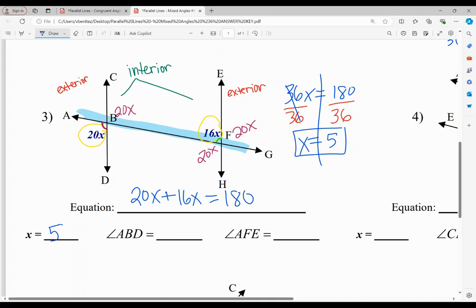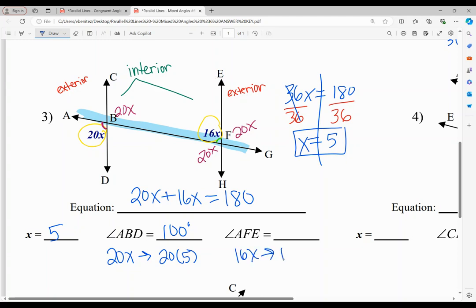And I know angle ABD is the same thing as 20x. So I am going to substitute in a 5 for the x. And 20 times 5 is 100. And then angle AFE, which is this one up here, is 16x.